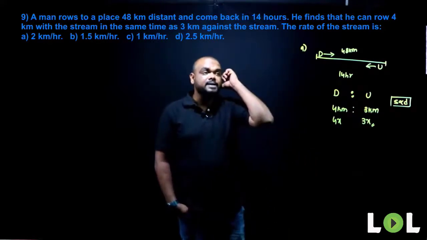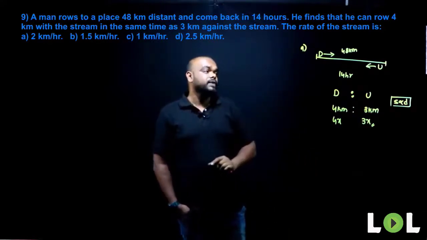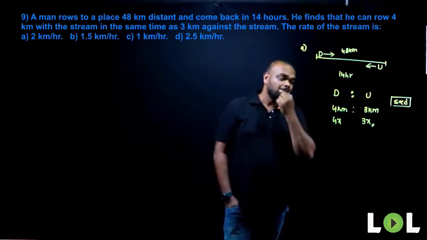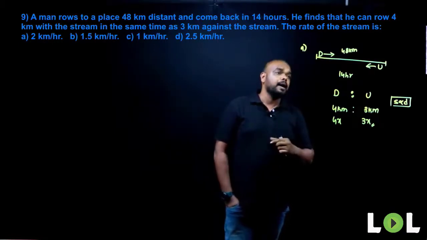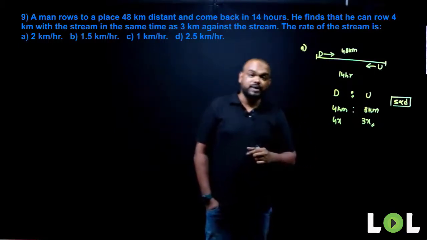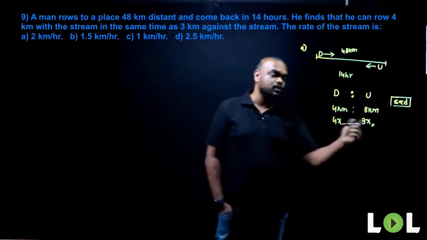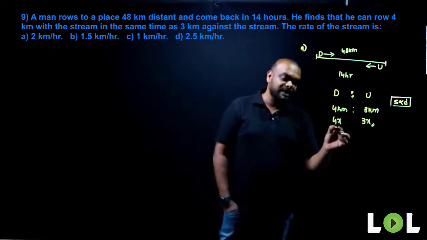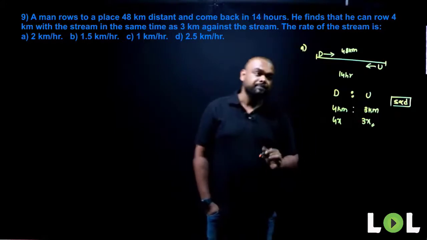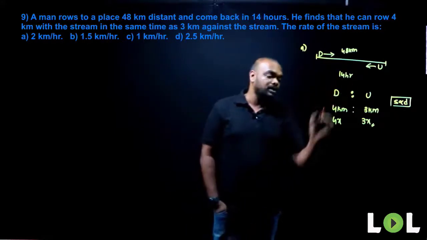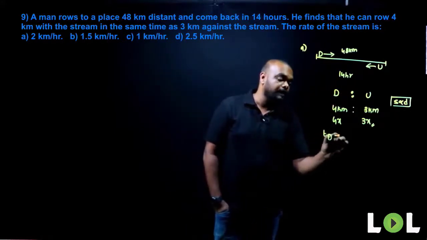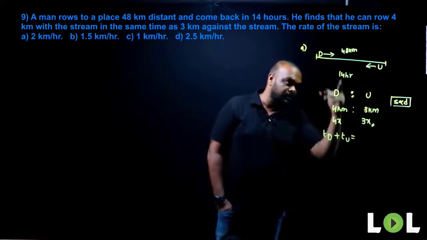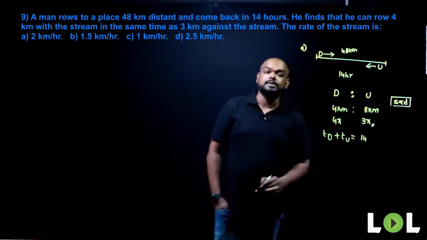So what is he asking? The rate of the stream. What is that? SW. He is asking SW, but before that we need to get this x value. Only then we'll get exact D value and exact U value. Okay, observe this carefully. We know time taken during the downstream plus time taken during the upstream is altogether 14 hours.